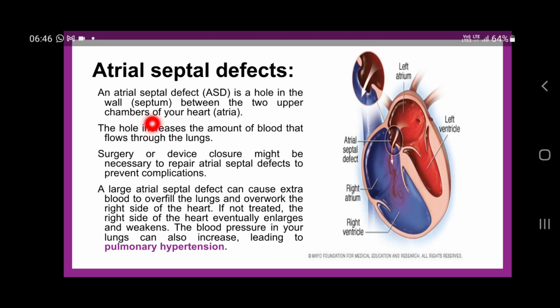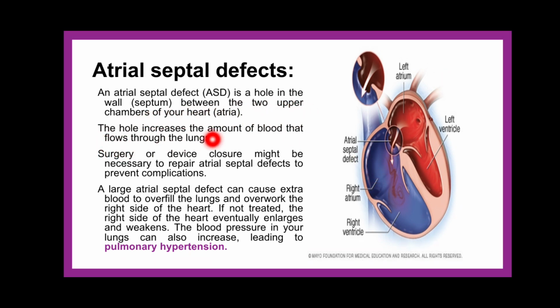So this is atrial septal defect, which is a hole in the septum between the two upper chambers, that is the atria. As this hole increases, the amount of blood flowing through the lungs increases.